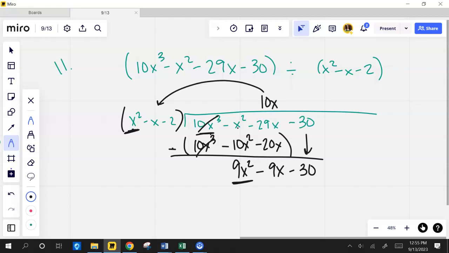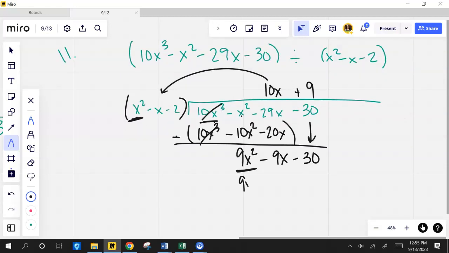Multiply it around, right? It goes to everything. So 9x squared minus 9x minus 18. Everything cancels out? The first two, you're right.